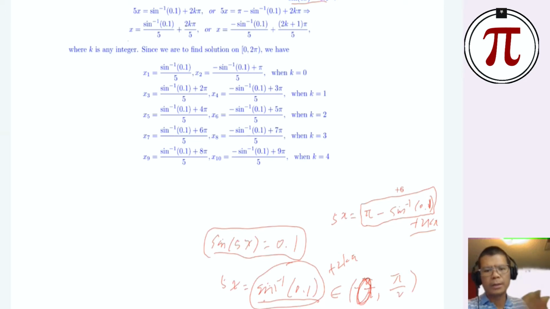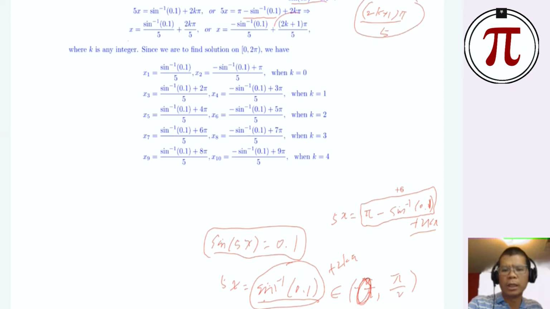This is the first set of solutions. The second is x equals, divided by 5, pi minus the inverse sine 0.1 plus 2k pi, so that's (2k plus 1) pi, divided by 5. So that's what we have here.